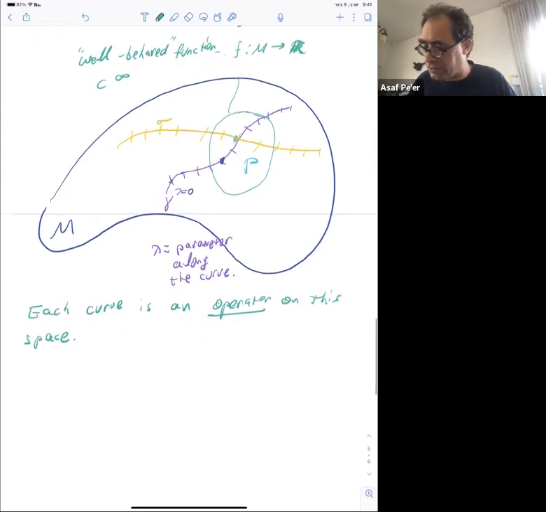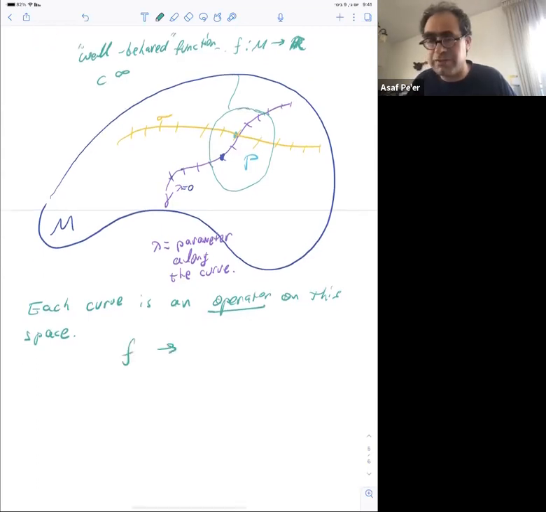So the original function was f, and the new function is df d lambda. It's true for any function.